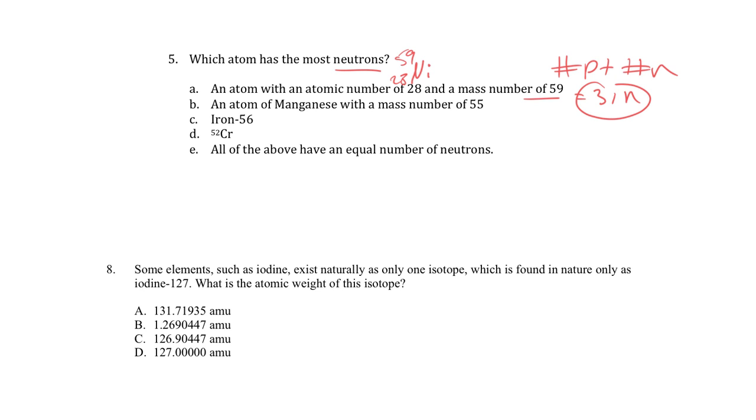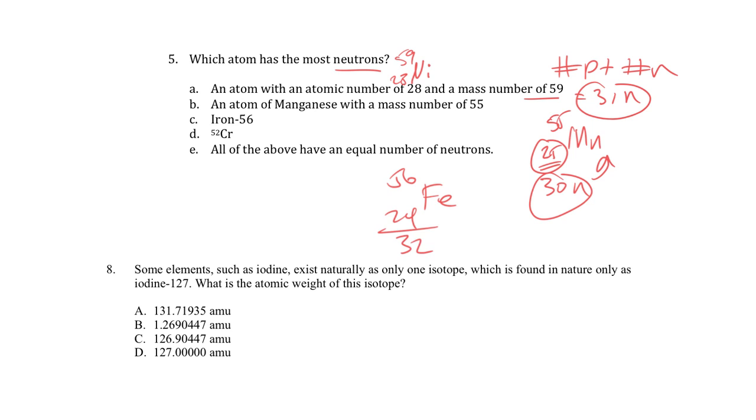For A, B has manganese with a mass number of 55, so an Mn 55, well, the atomic number is 25, so element number 25 from the periodic table. The difference here is 30 neutrons for this manganese atom. Iron 56 is Fe56. Iron is element number 26.